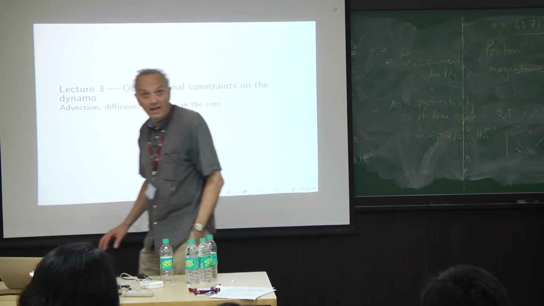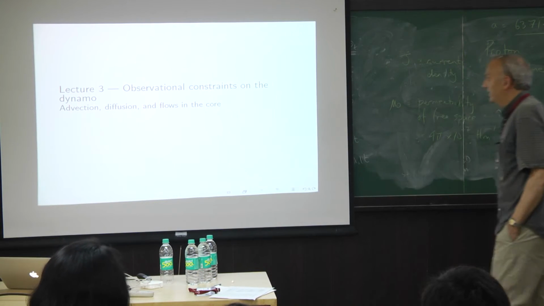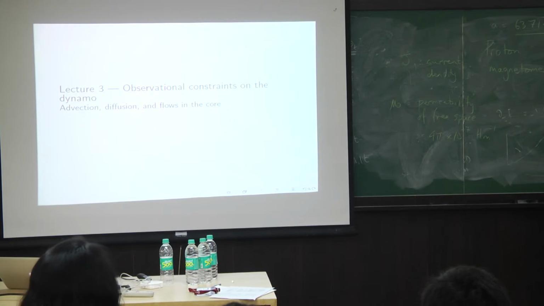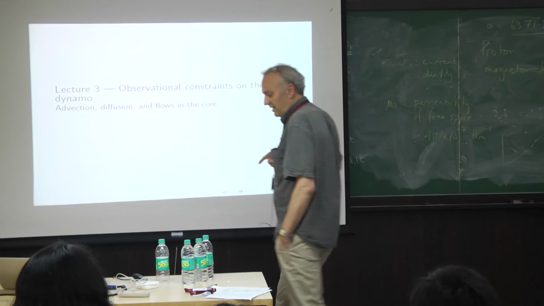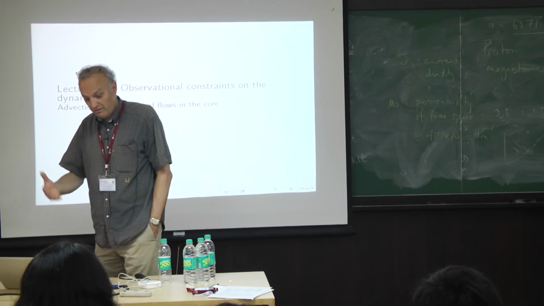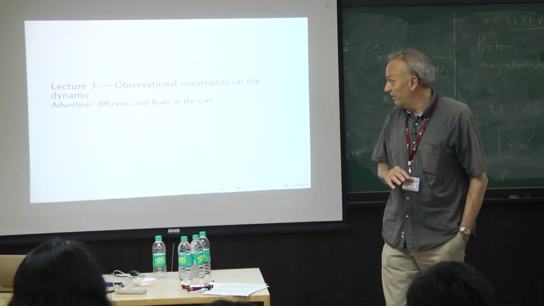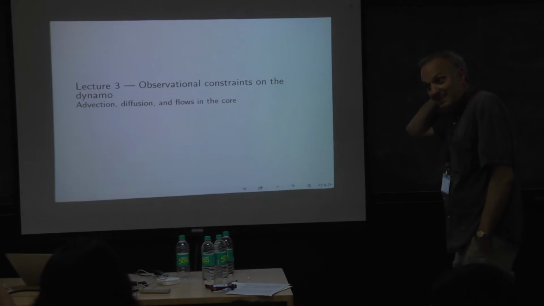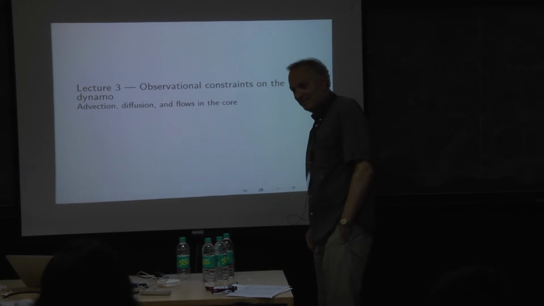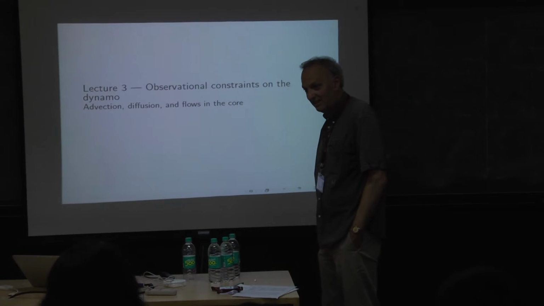Okay, so now let's finish off by talking about what we can derive as secondary products from this kind of field model, such as GUFM1. There are two Taylor columns sitting there, from the observation.